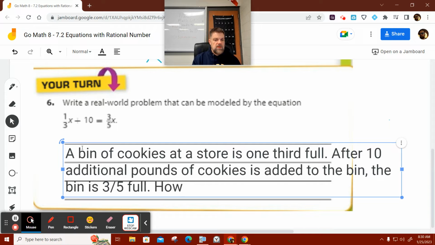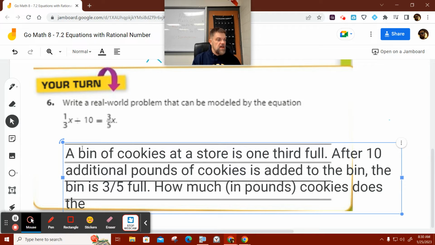How much in pounds of cookies does the bin hold?